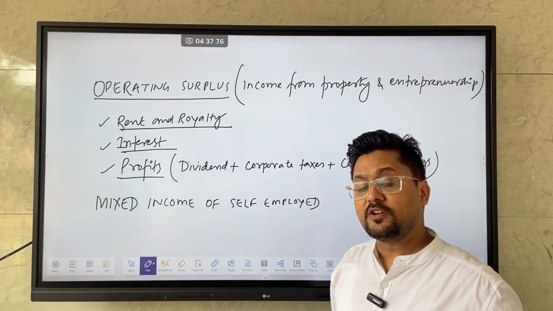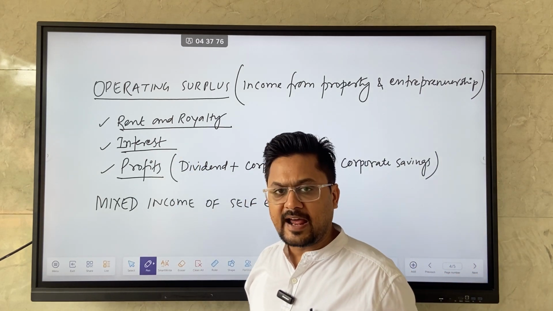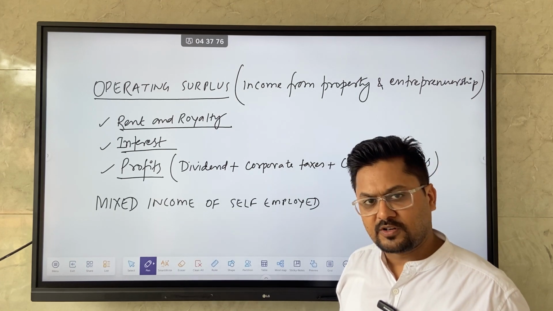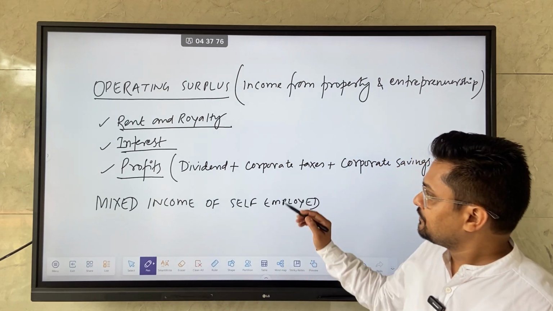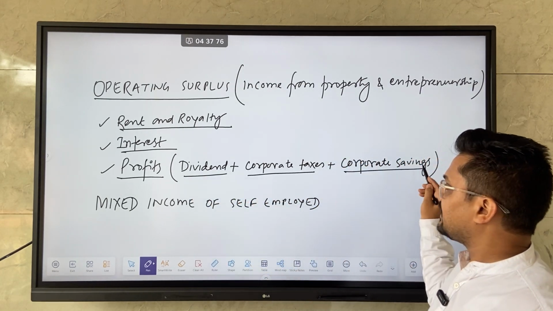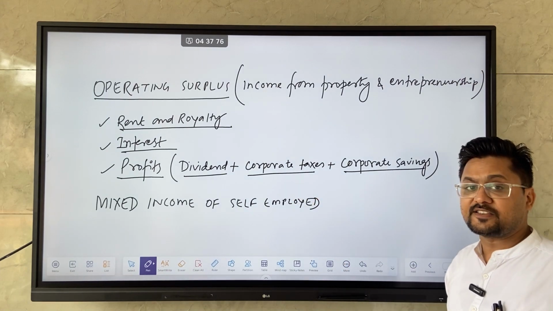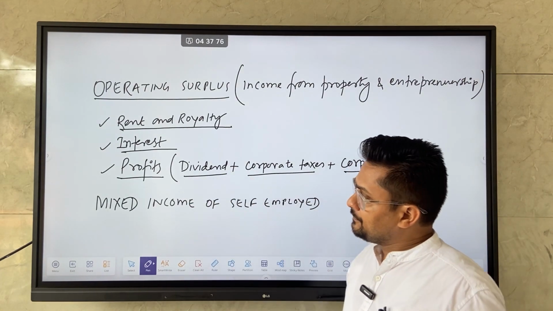Rent is a remuneration for land, interest for capital, and profit for the entrepreneur or his services. Profit itself is made up of three components: dividend, corporate tax and corporate savings.